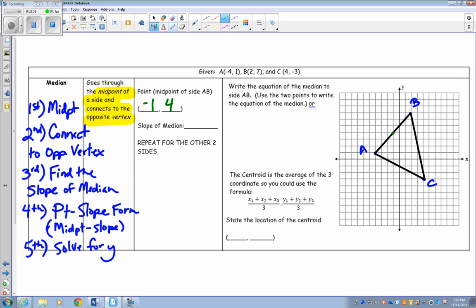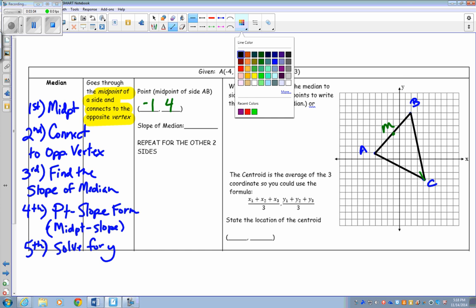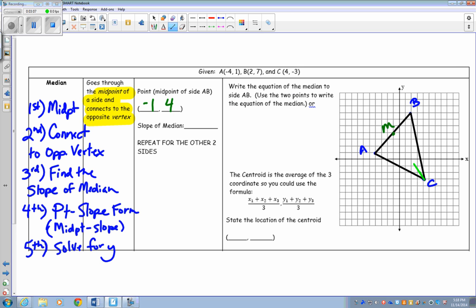This is my midpoint, and the opposite vertex from the side AB is C. So I'm going to draw a line and construct it like I normally would. There we go. Got our median.